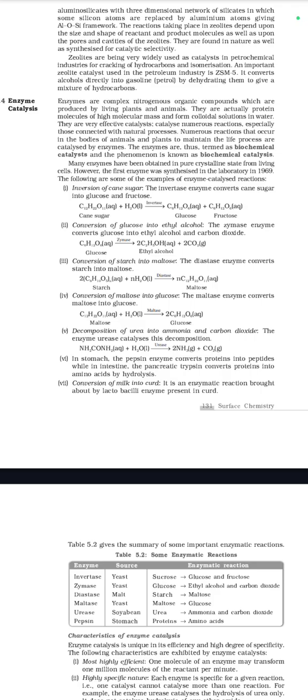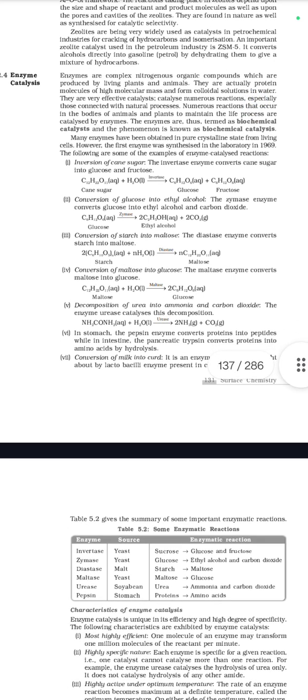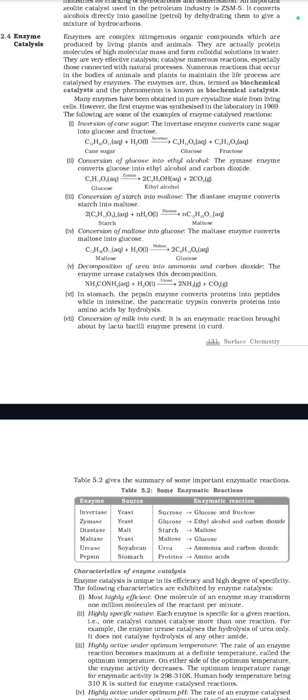Numerous reactions that occur in the bodies of animals and plants to maintain the life processes are catalyzed by enzymes. The enzymes are thus termed biochemical catalysts and the phenomenon is known as biochemical catalysis. Many enzymes have been obtained in pure crystalline state from living cells. However, the first enzyme was synthesized in the laboratory in 1969. The following are some of the examples.